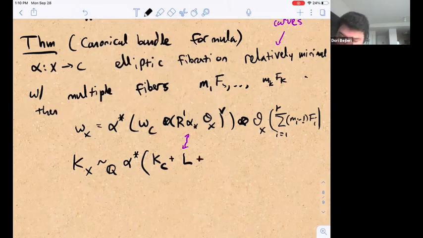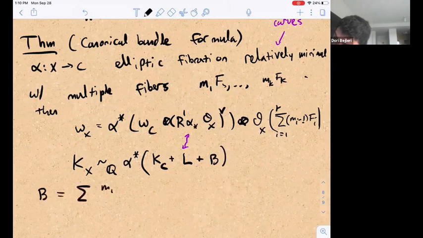Plus a divisor B, where B is of the form the sum of (m_i minus 1) over m_i times f_i, or p_i, I guess, where these are the points where f_i is the fiber over p_i.